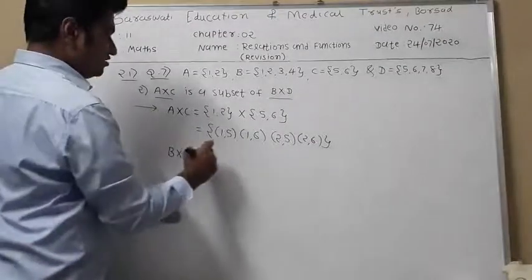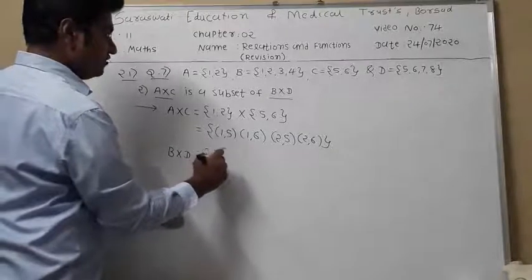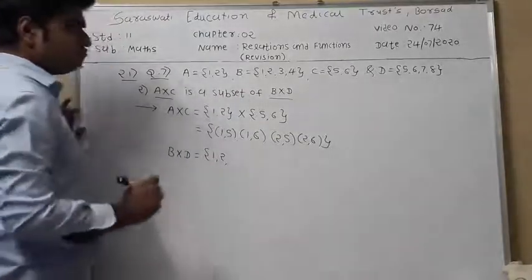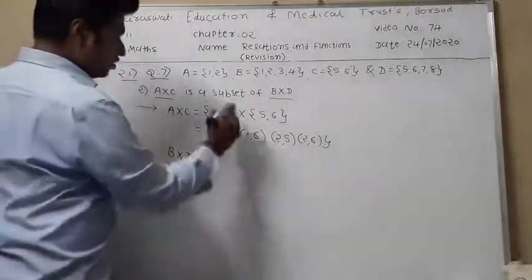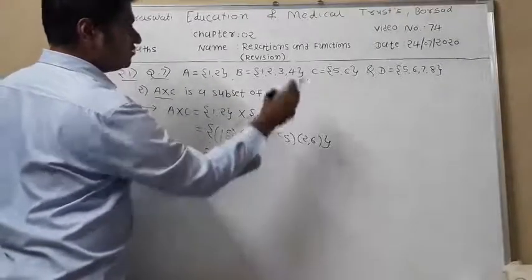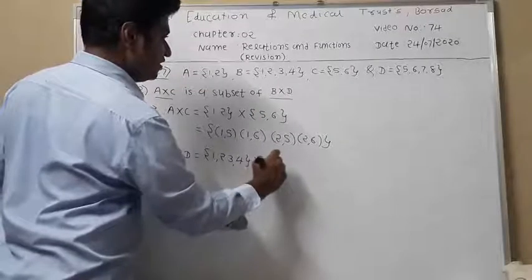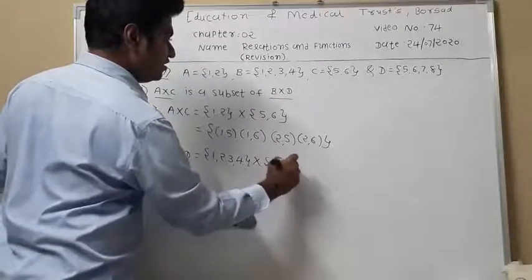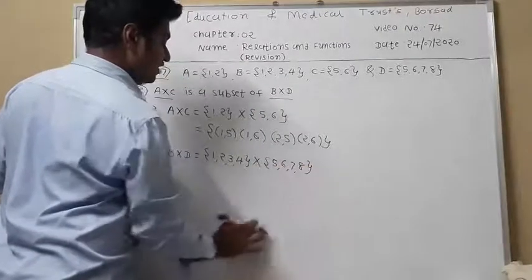So B Cartesian product D means we take elements of set B, {1, 2, 3, 4}, Cartesian product D, {5, 6, 7, 8}.